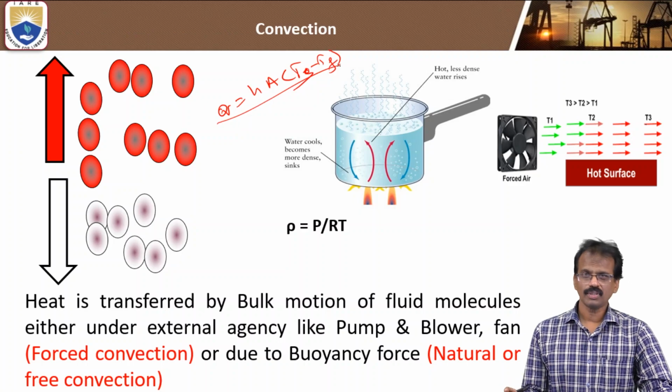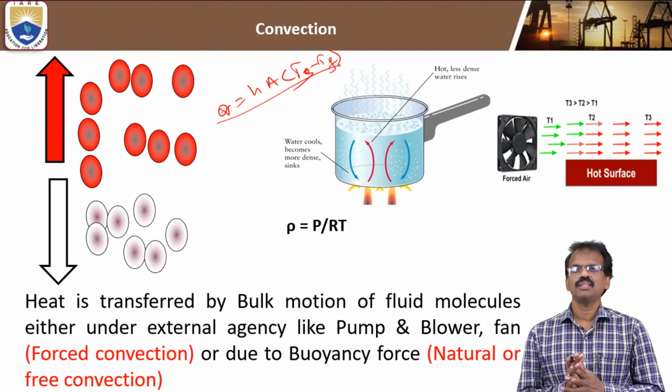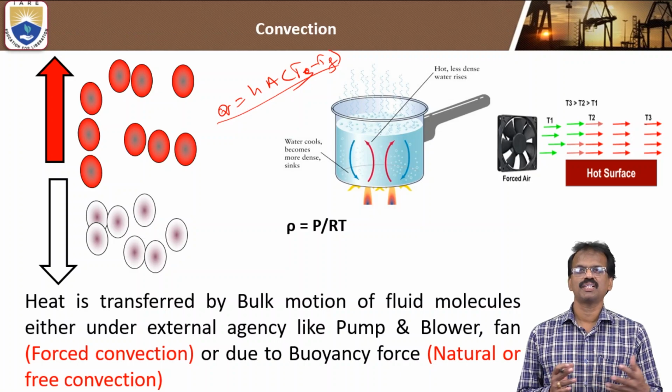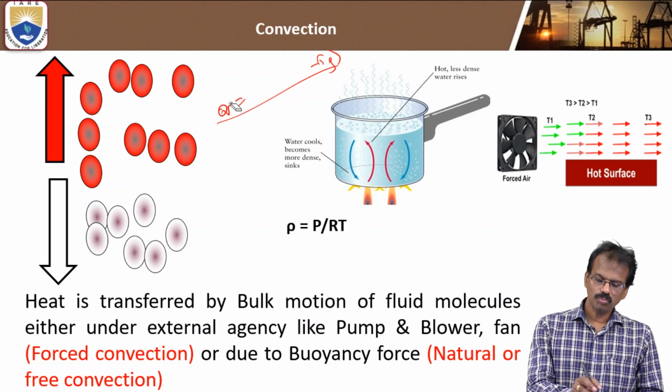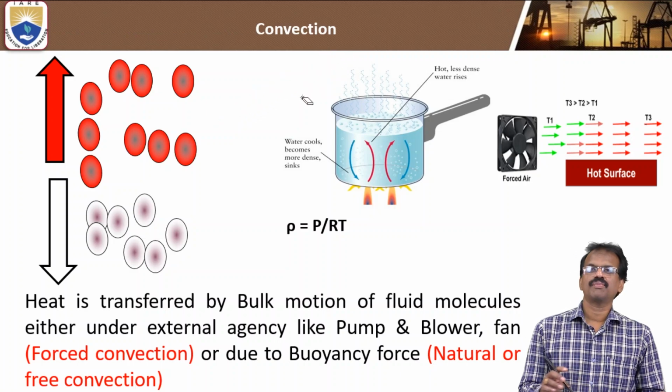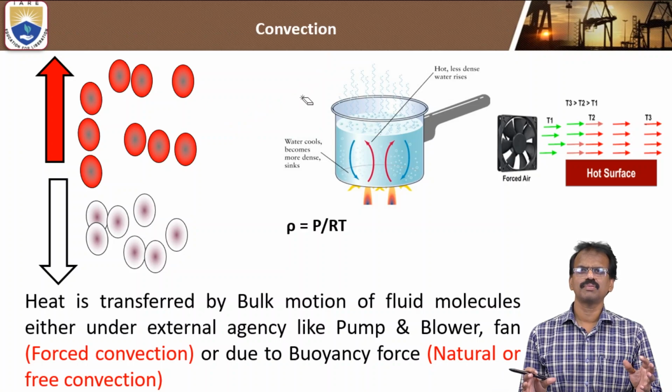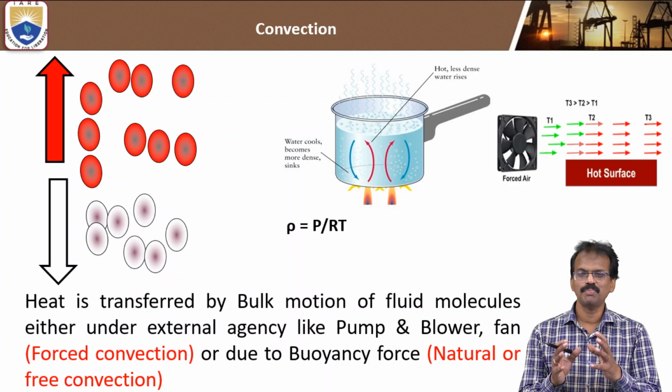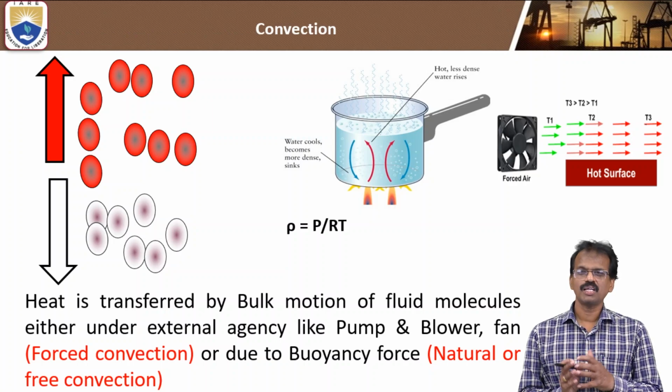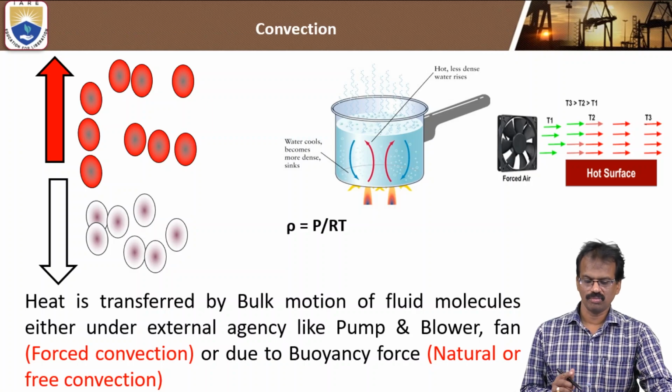Convection is completely associated with the bulk movement of the particles. Without movement of the particles, there is no convection process. It means heat transfer doesn't take place by convection without movement of the particles. We already know this.